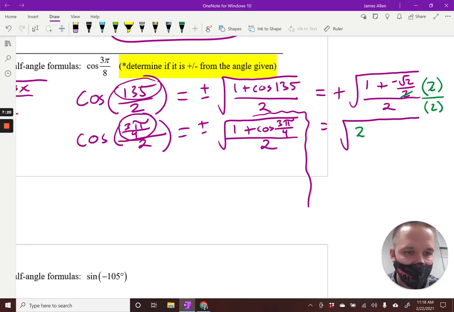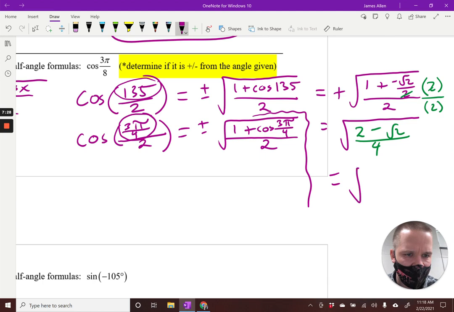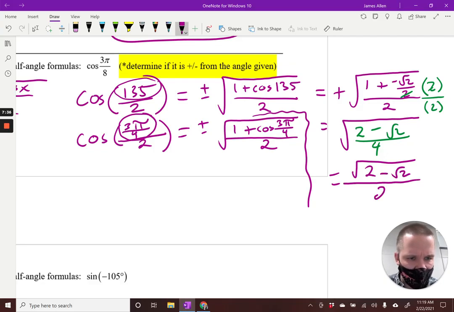That's why I did that. So I'd have actually minus root 2 all over 4. And now I would have 2 minus root 2 in the numerator all over 2 in my denominator.